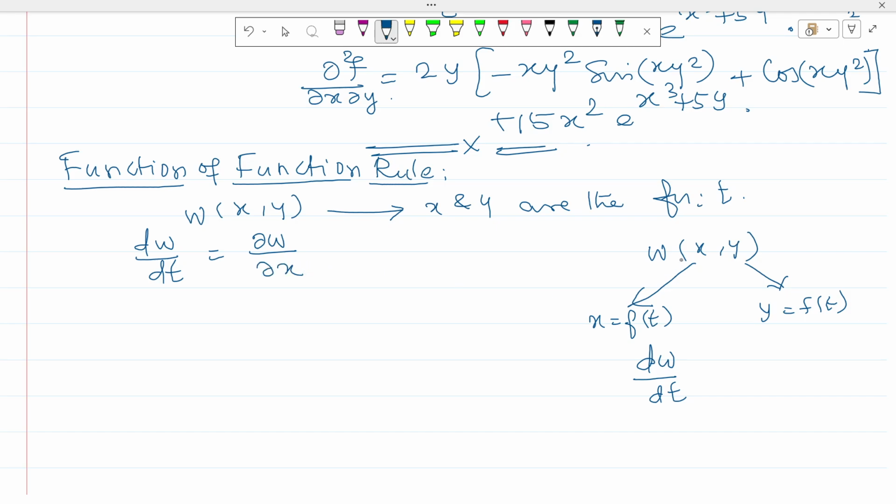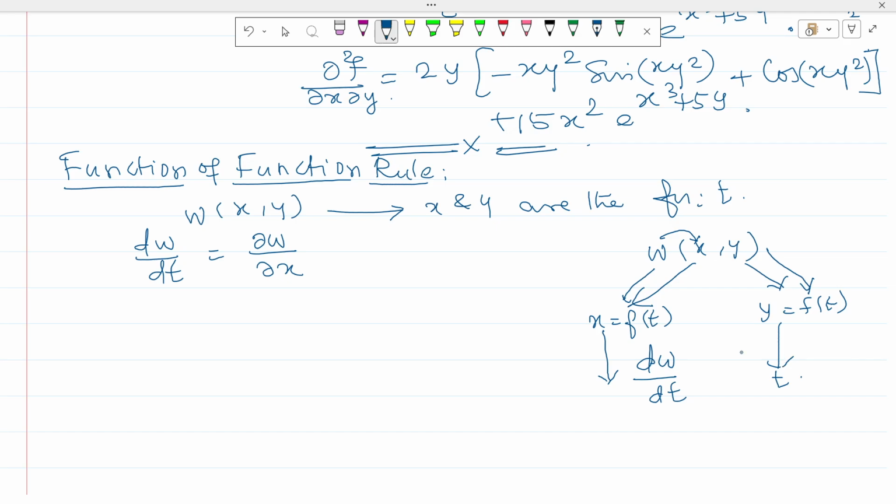So first you have to differentiate w with respect to x, and then through x you are going to t. Otherwise w is a function of y also. You have to come from w to y, then y to t.